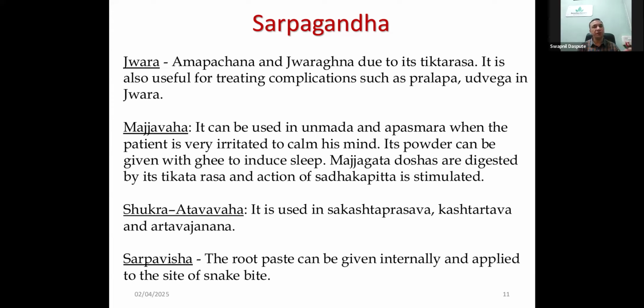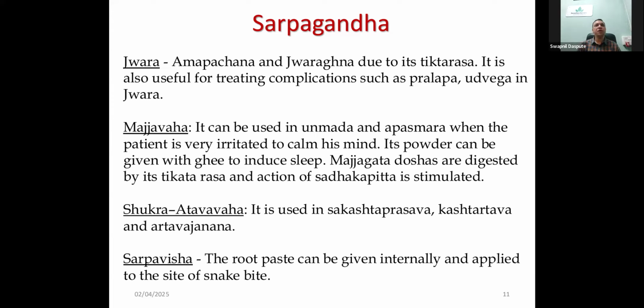Now, after effects of the poison also you can, so a patient, for example, if had snake bite and had some complication, was hospitalized and comes back and still has some complications, in that case you can use Sarpagandha in order to combat whatever part of the snake venom is present in smaller proportions in the body or has affected some organs, in order to reverse that action wherever reversible damage has happened.